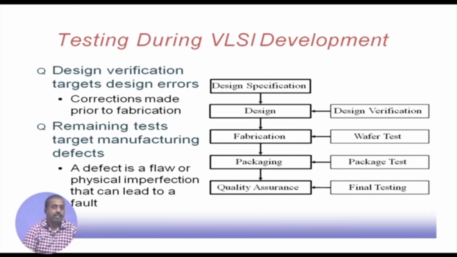In the VLSI development life cycle, testing will come at various stages. First, the VLSI design cycle starts with the specification of the design. So, we tell what we expect the system to do in terms of some formal or informal technique.